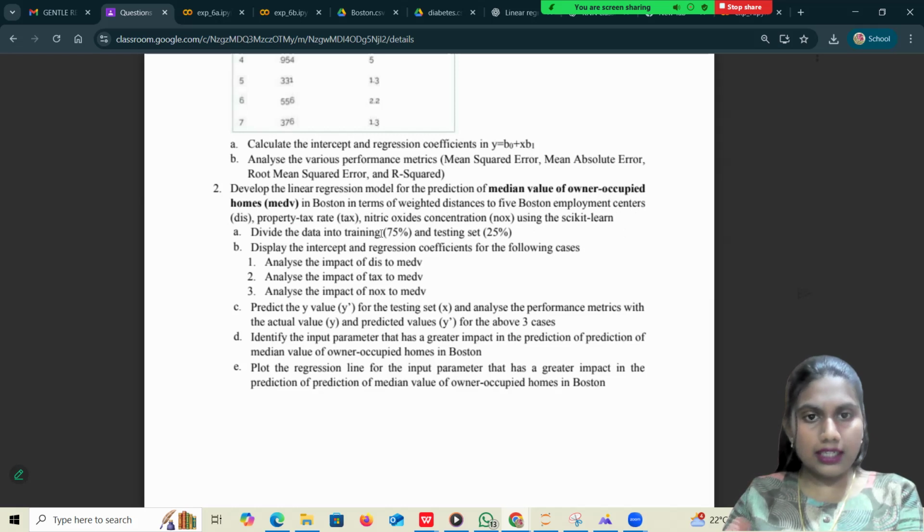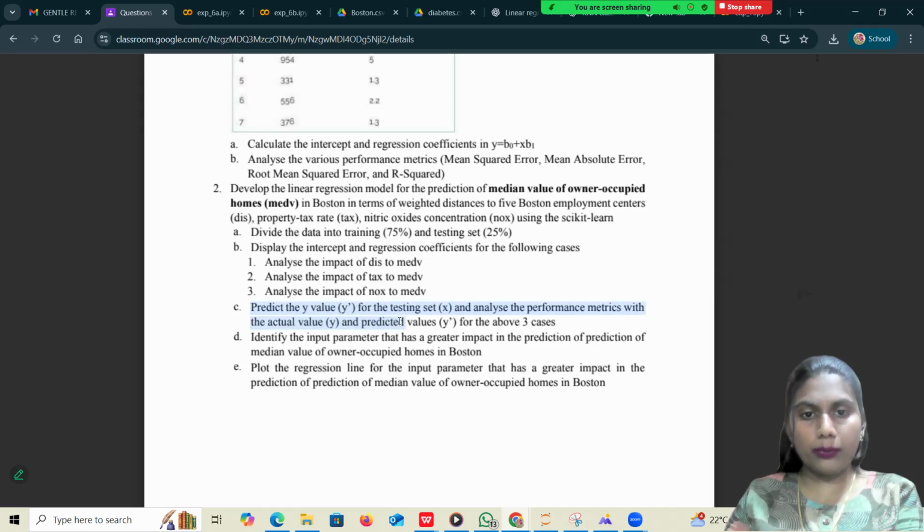Divide the data into training 75% and testing 25%. Then display the intercept and regression coefficient for the following cases. We have to analyze the impact of these on the median value of owner occupied homes: distance, then tax, then NOx.